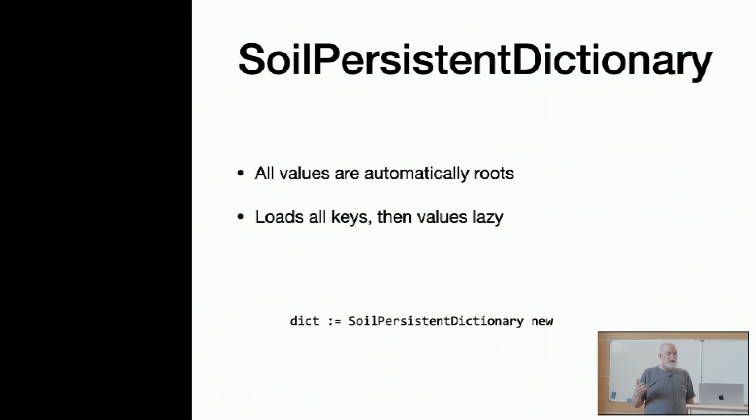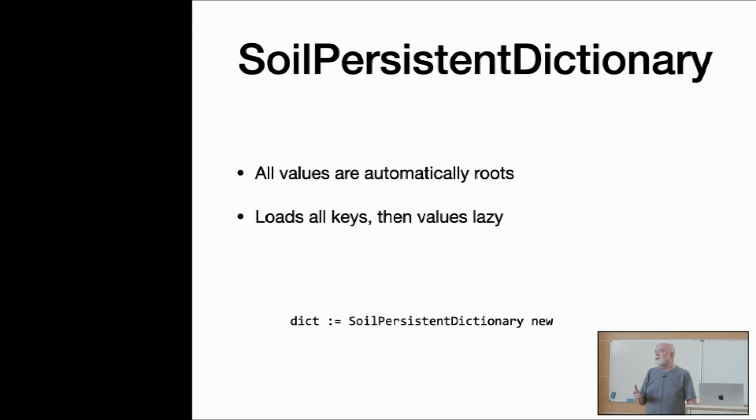So solid persistent dictionary is a dictionary that, for one, automatically makes every value a root, and the serialization is implemented so that it loads all the keys into memory when you deserialize, and it does not load the values, because the values are roots, it just puts proxies for all the values.